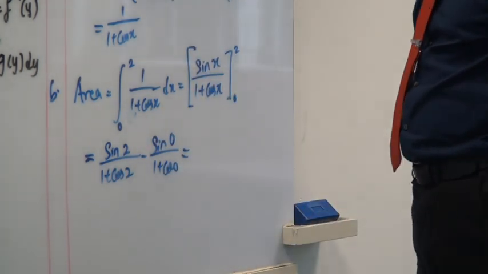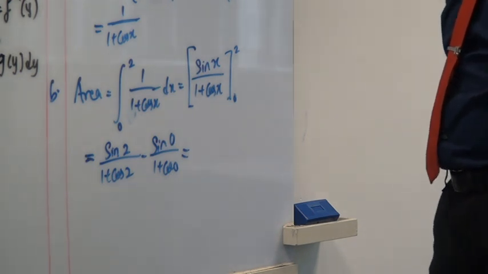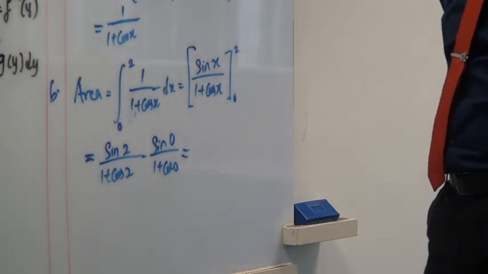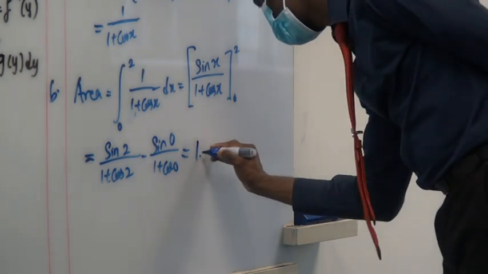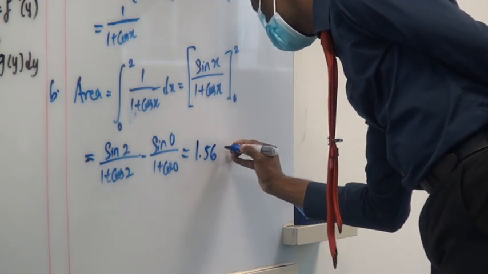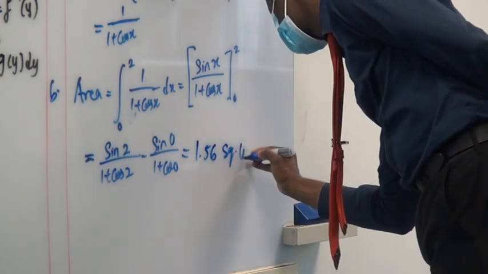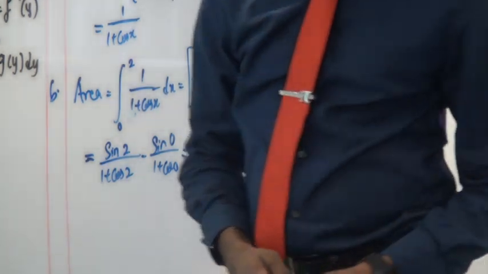So you only need to worry about sine 2 divided by 1 plus cos 2. So what is that? In decimal or fraction? 1.55 or 5.6? 5.6 square units. Because it's area, you put square units or unit square.